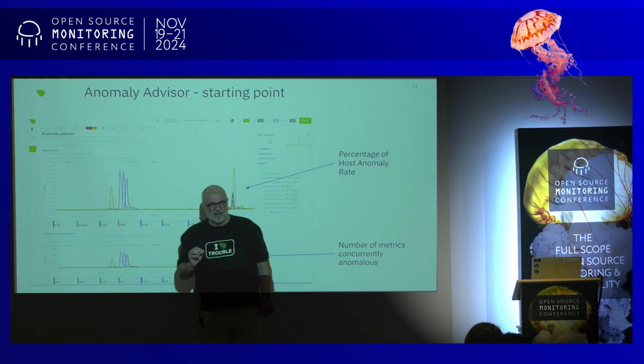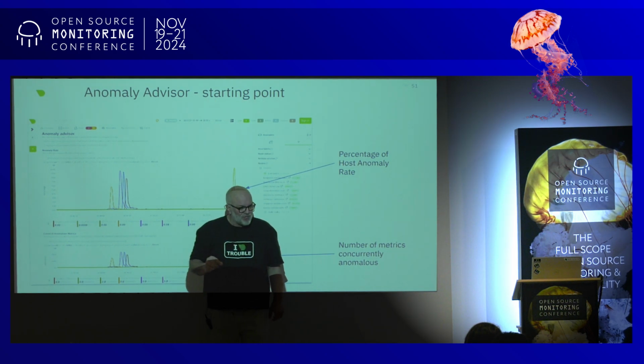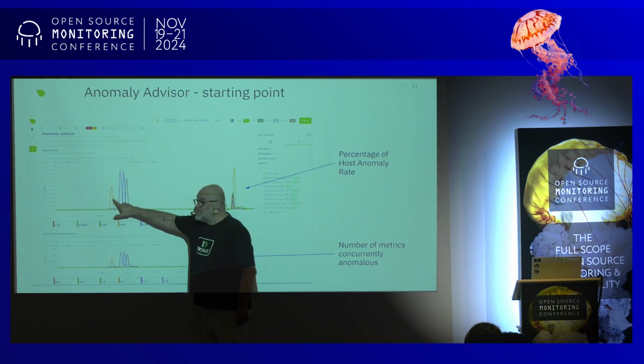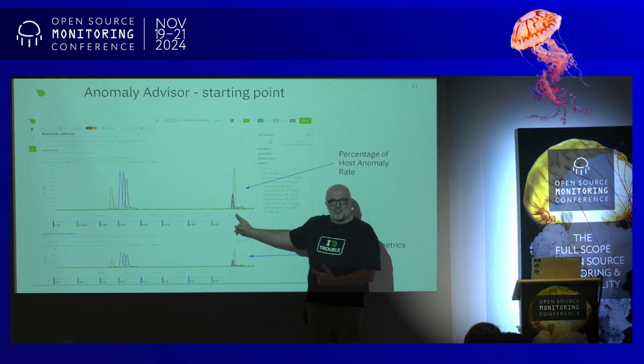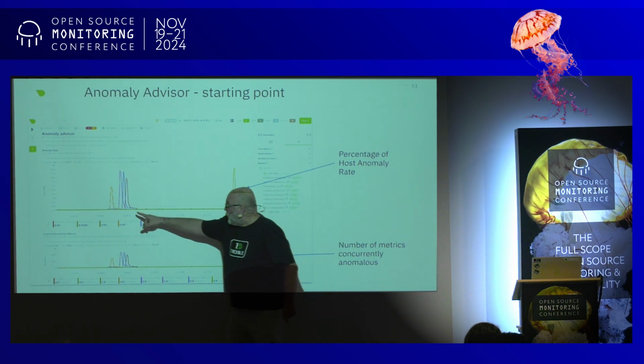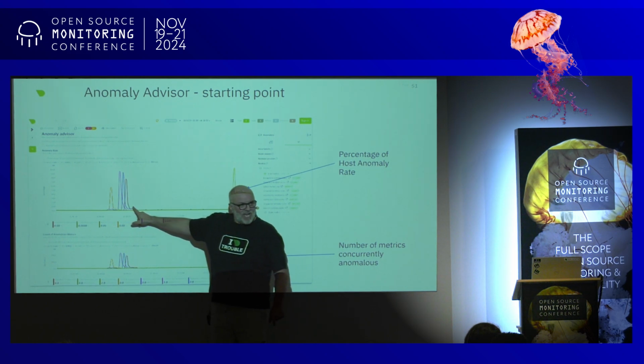It's not one thing. It's not an anomaly on a dimension. They happen in clusters. And then what we realized is that either it is like this, a lot of nodes get anomalous at the same time, or it is like this: one got anomalous, and after some time, other nodes got anomalous.